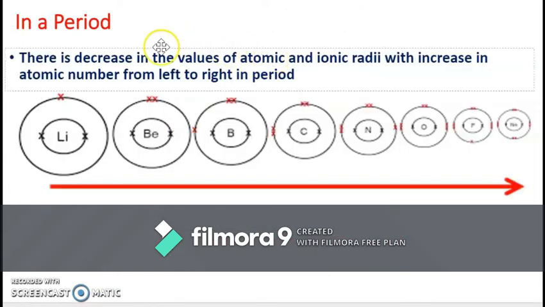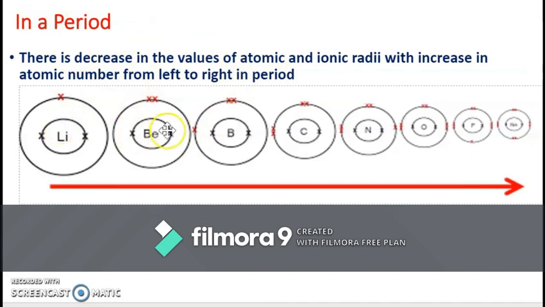Here is an example in a period, that is left to right, lithium to fluorine. Here the effective nuclear charge increases. For example, in lithium the effective nuclear charge is +1 as compared to fluorine, where the effective nuclear charge is 7.